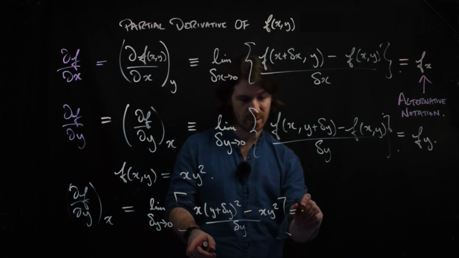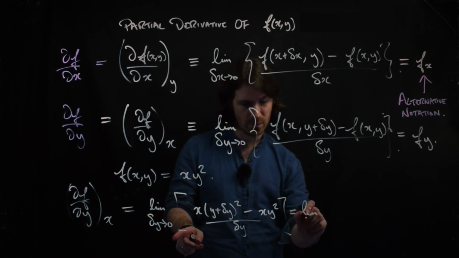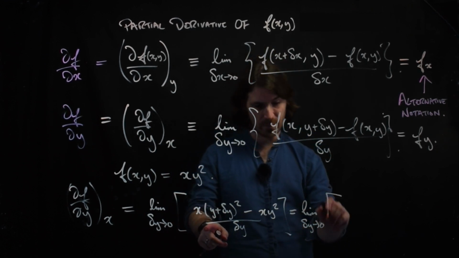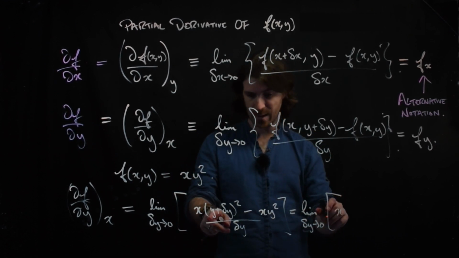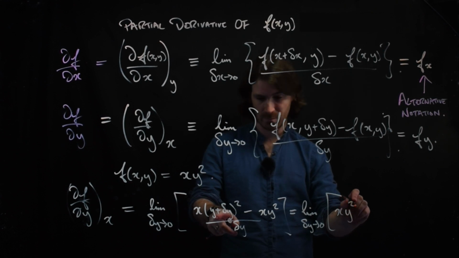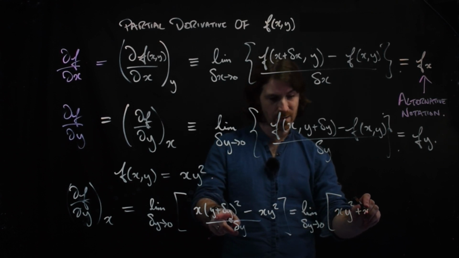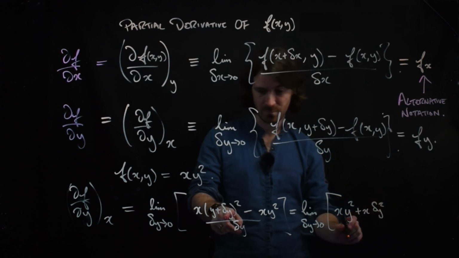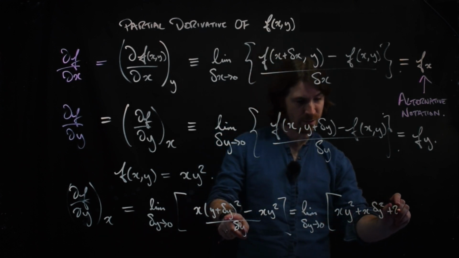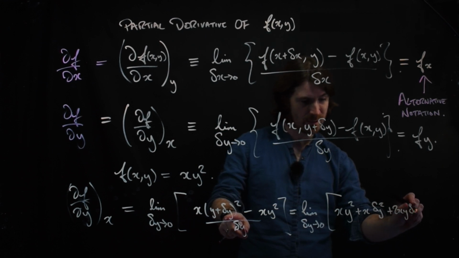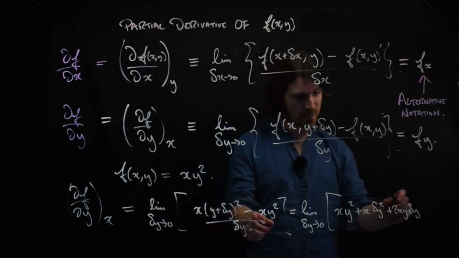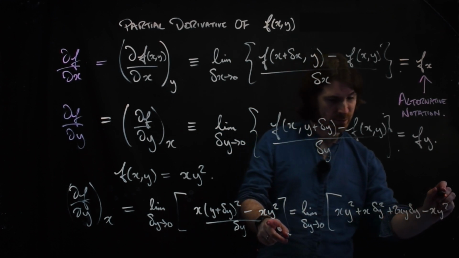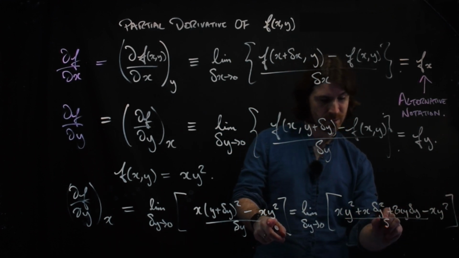Then we've got x times y squared plus x times delta y squared plus 2 x y delta y, that's a cross term, minus x y squared from here, and we divide by delta y.